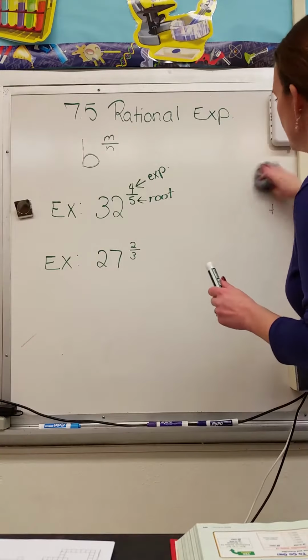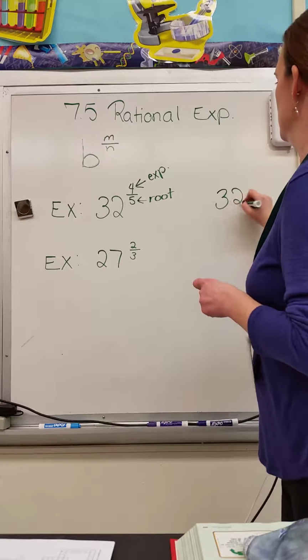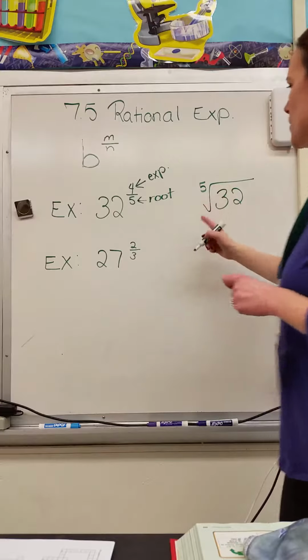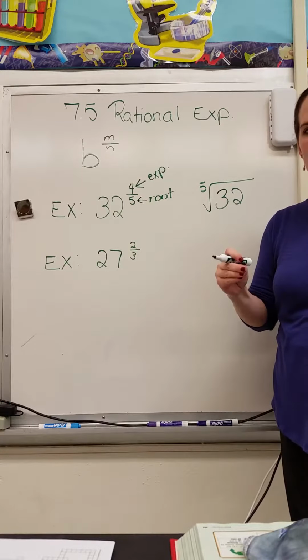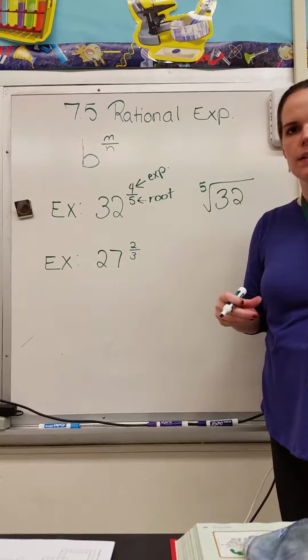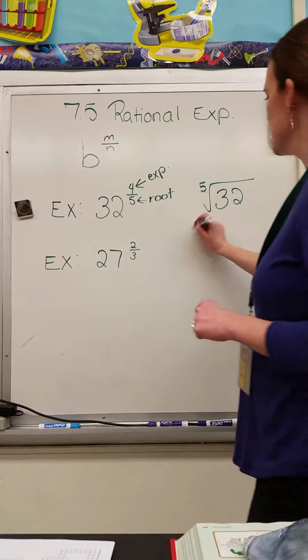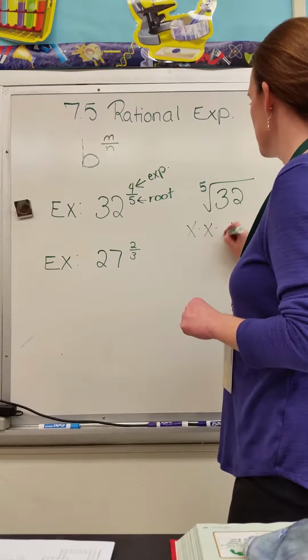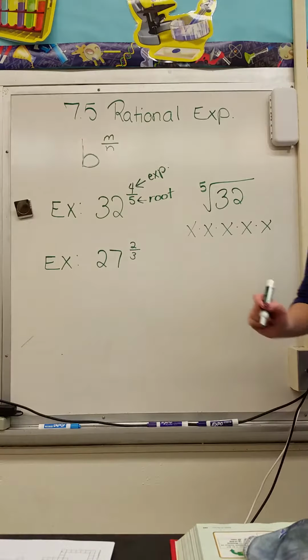So I'm going to look first at the 5th root. What that means is there's some number that when I multiply it by itself 5 times, it will give me 32. So something times something times something times something times something is going to give me 32.